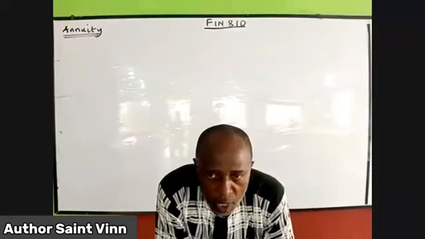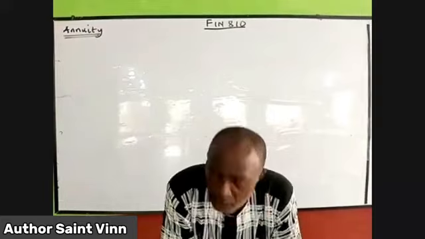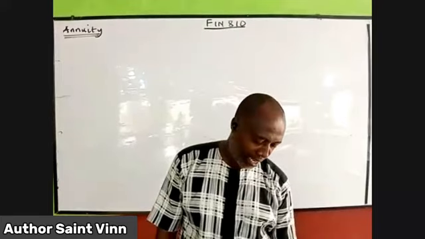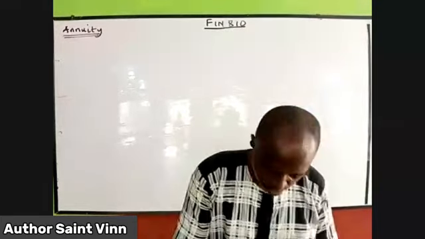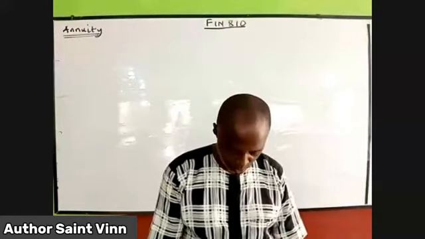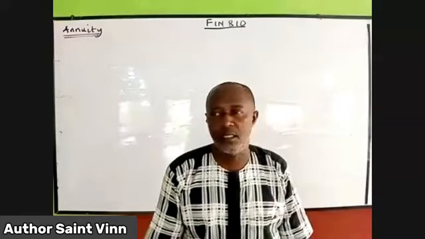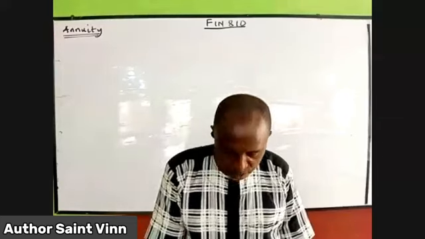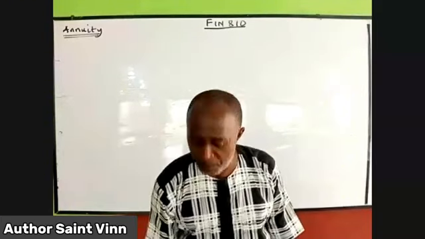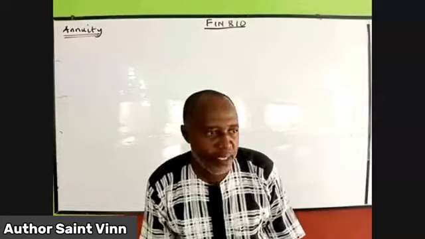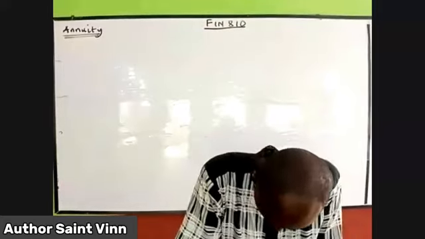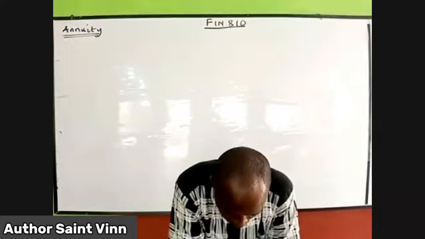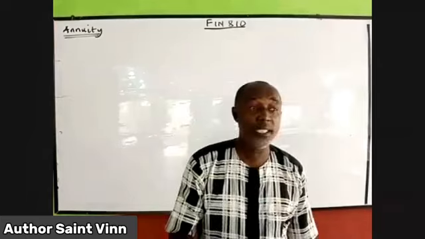Annuity. Annuity is a series of equal payments or receipts, payable daily, weekly, quarterly, monthly, yearly. Put it down; no grammar is important here.